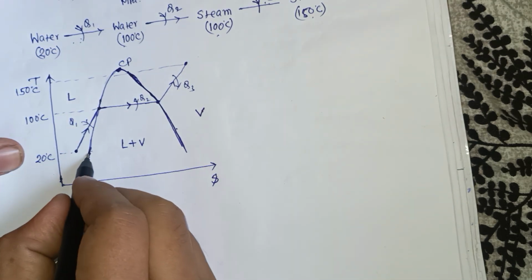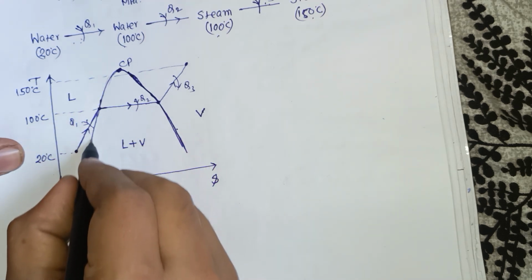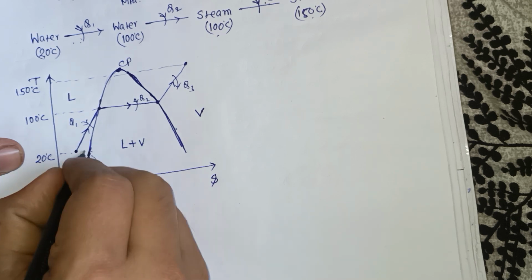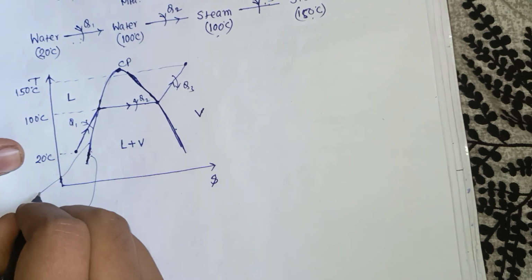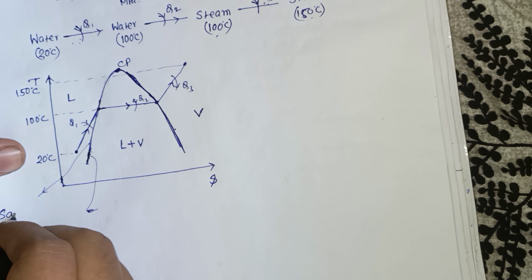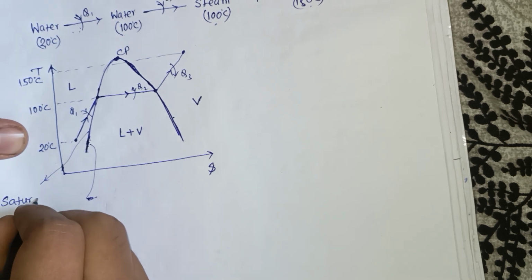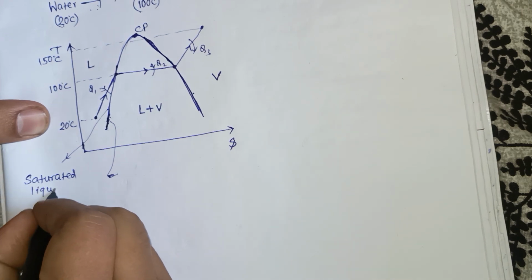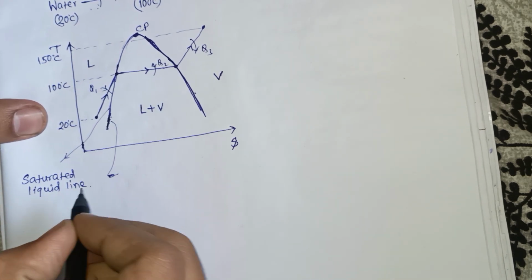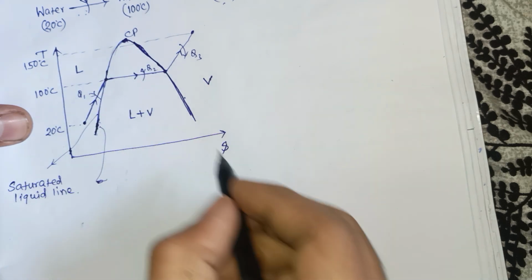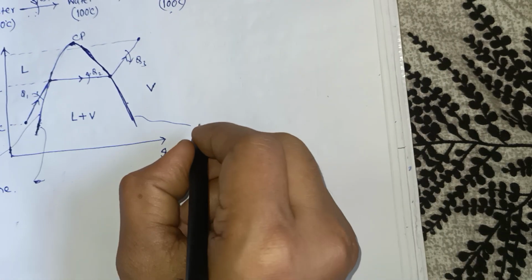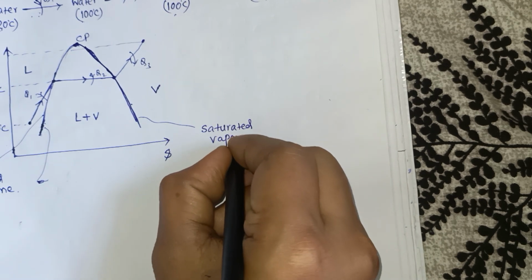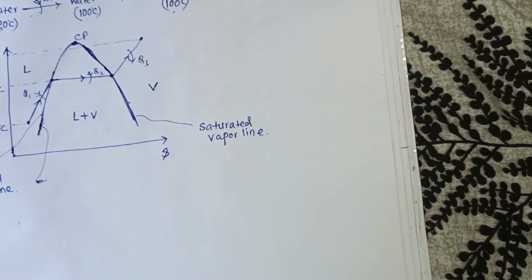This curve is known as the saturated liquid line, and this curve is known as the saturated vapor line.